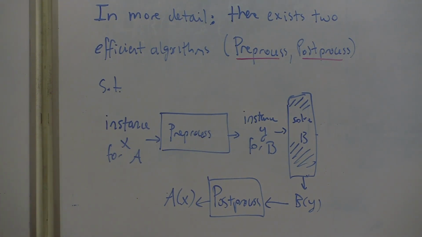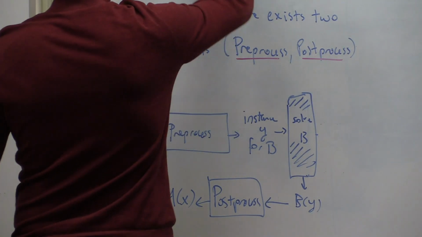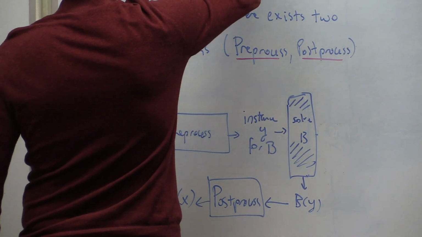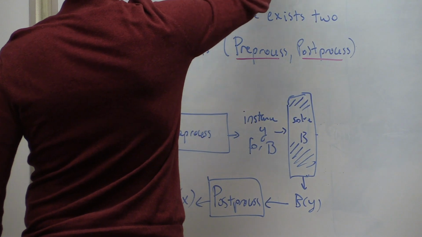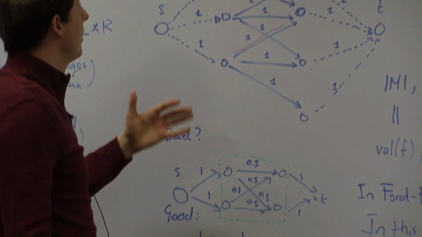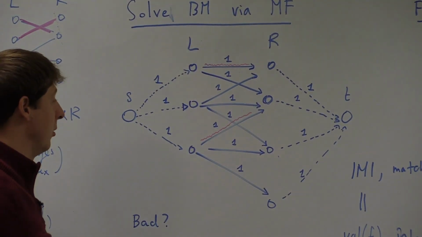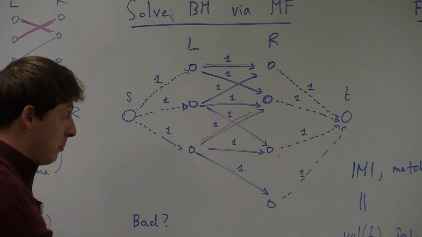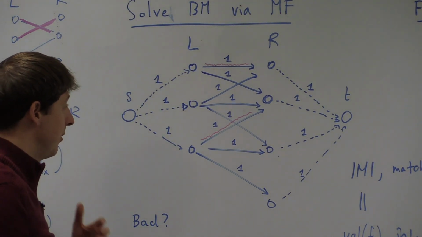In this sense, oh, and also we use the notation A reduces to B. That's the notation that typically gets used. Coming back to here, what has happened is we proved that BM reduces to max flow. How? Well, we didn't do it explicitly, we wrote two algorithms.